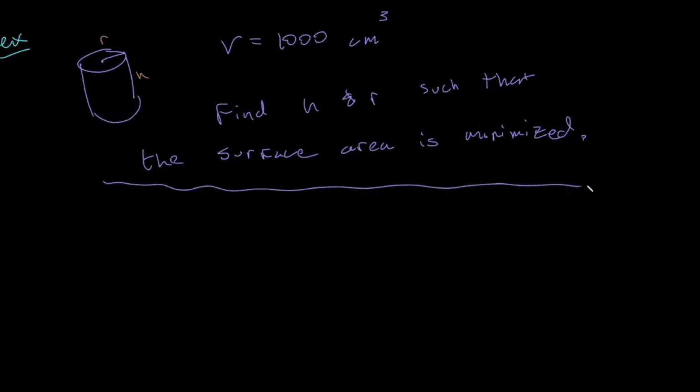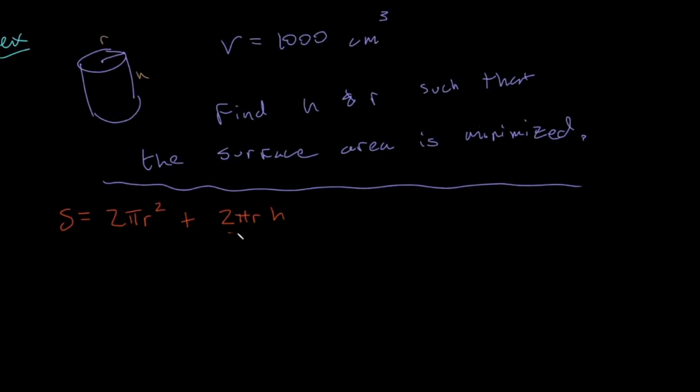So, surface area would absolutely be given to you. I would never expect you to know this, but the surface area of a cylinder is 2 pi r squared plus 2 pi r h. And so this 2 pi r squared, those are the two circles on the top and the bottom.